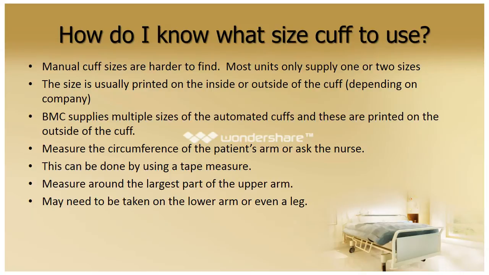If your number is 27 and it falls within that range, then that would be the blood pressure cuff that you'd use. Again, if you have an athlete that has a much bigger arm, you may need to change the sizes up a little bit, and we do have a regular size cuff that's actually extra long.